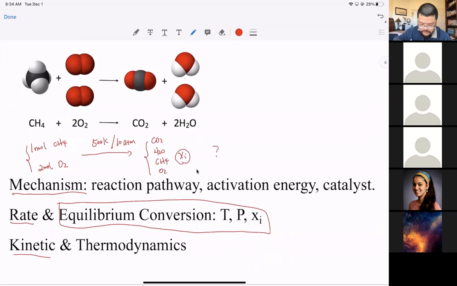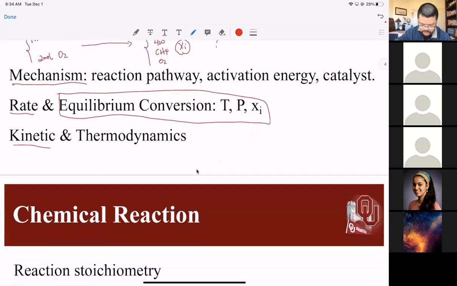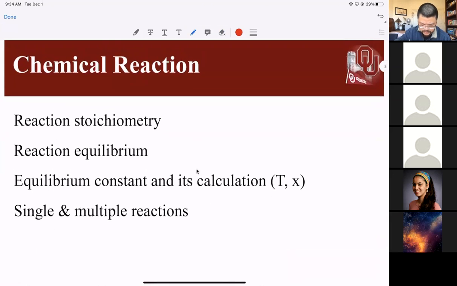Okay, moving on. In thermal, we are going to discuss the following concepts in this lecture. One is the reaction stoichiometry. The second is, if the reaction comes to equilibrium, what general equations we are going to set up and calculate in order to determine the equilibrium composition.